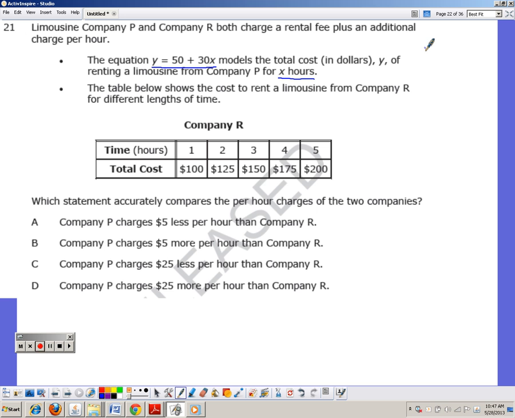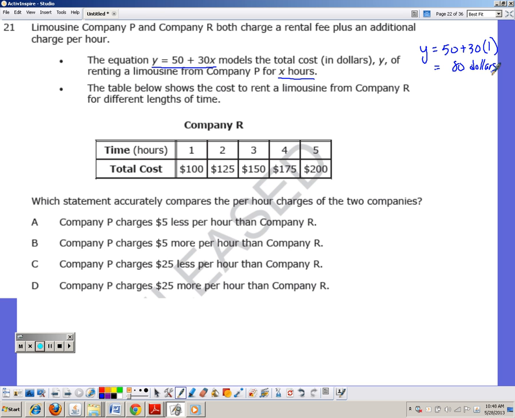So we have y equals 50 plus 30 times 1. So for 1 hour, that's $80. So it's $80 for that first hour.